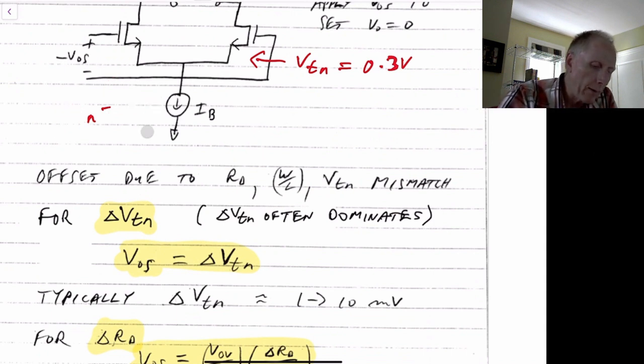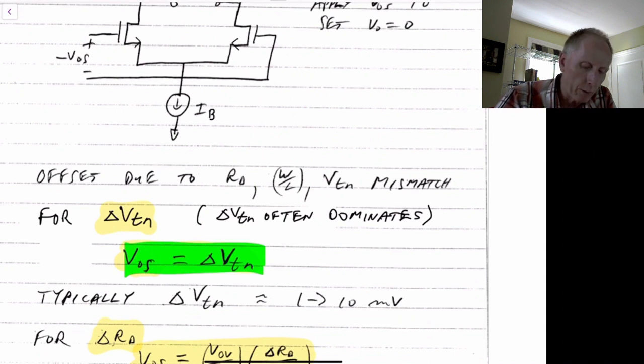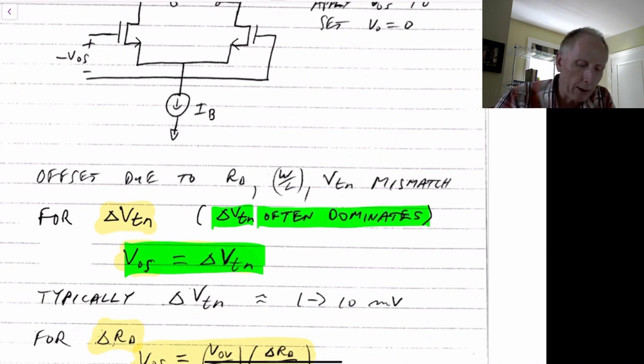So the input offset is just equal to the change in the threshold voltages. And that's what this equation here shows. And generally in most op-amps, the delta VTN dominates over the resistive mismatch and the W over L mismatch.